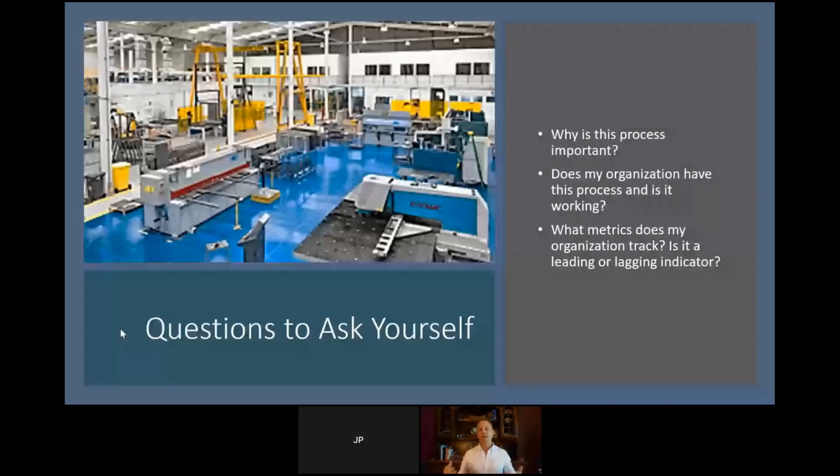So as you're preparing and taking this exam, does your organization have the process? Is it working? A great way to learn and remember these concepts is to take what your current organization has and see how it stacks up.